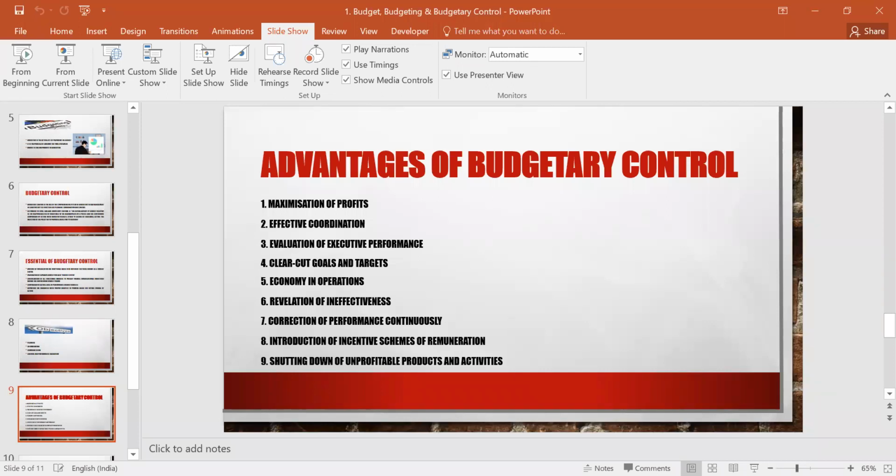Effective coordination is already covered in the basic features of budgetary control. Then, evaluation of executive performance. Once I have given you the budgets, it is easy for me to evaluate your performance, because I would like to check whether you're working as per the plan or not. If there is any deviation, I will come to know that this particular department or executive is not going as per the plan.